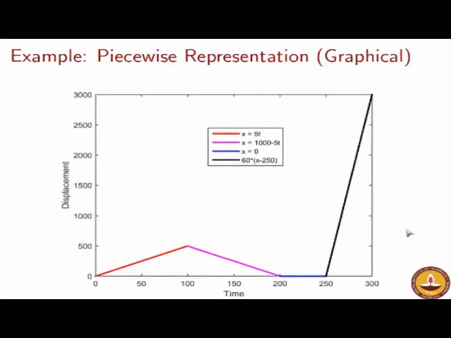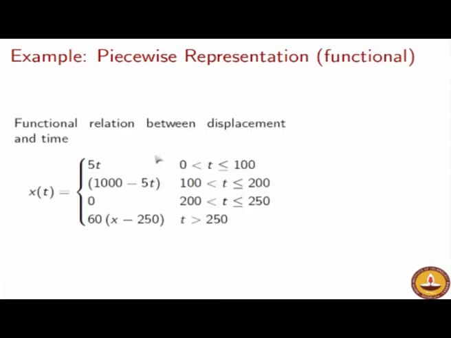To give you a little more complicated example, let us take this function. This time the functional relationship is in this form. When t is between 0 and 100, x of t is 5t. Let me run through this formula at present, and then I will give you an example of how this sort of relationship does come about.